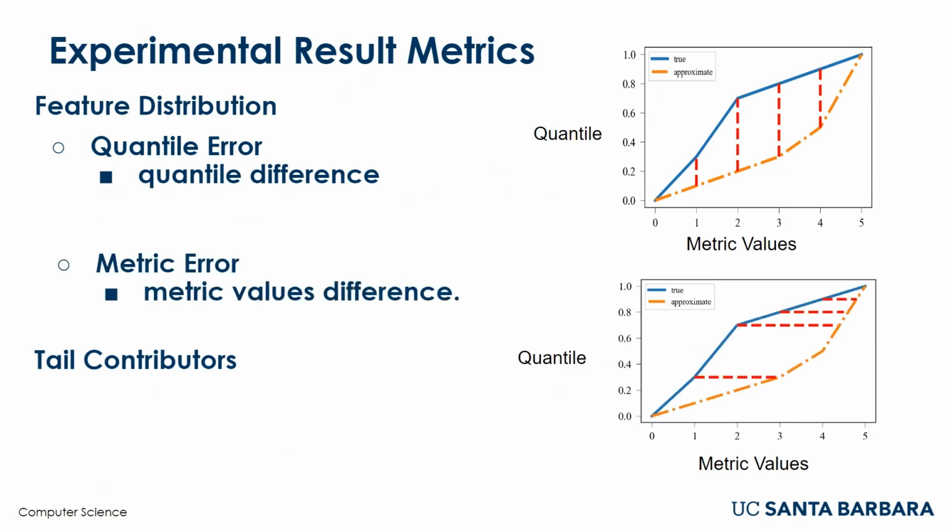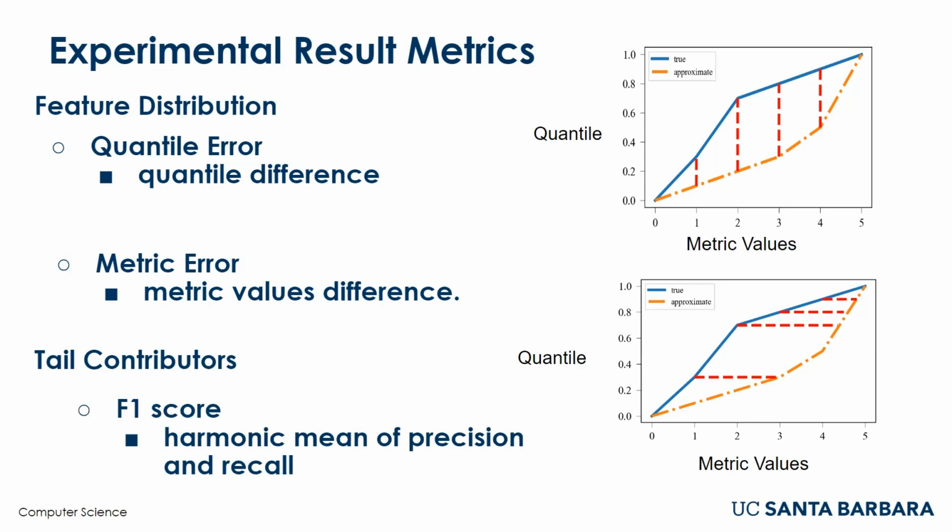In addition, we also measure the metric error, which is the error in terms of x-axis. We use the standard F1 score to measure the tau contributors. F1 score is the harmonic mean of precision and recall.